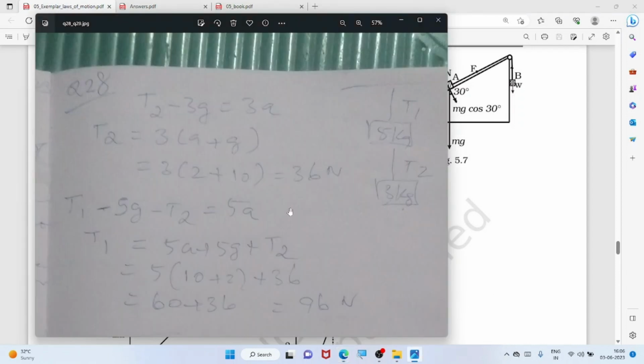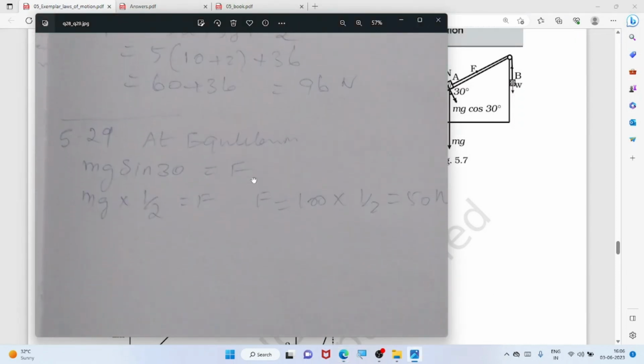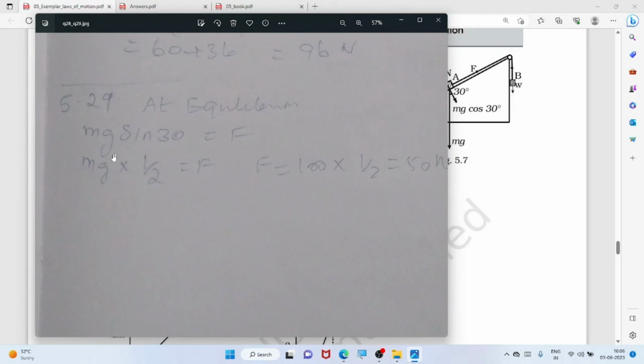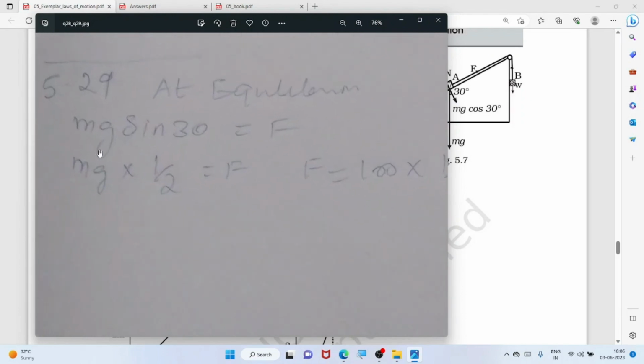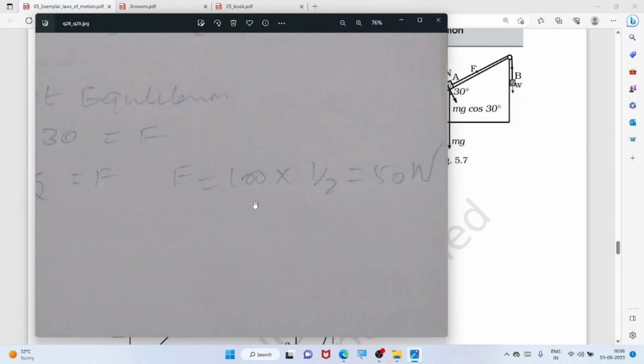There is a condition for equilibrium. At equilibrium, we have mg sin 30 equal to the force, that is the forward force. Sin 30 is half. So F equals this much we are getting.